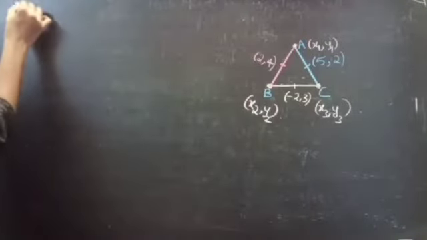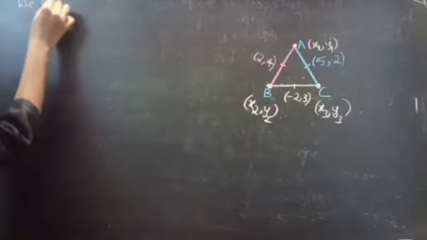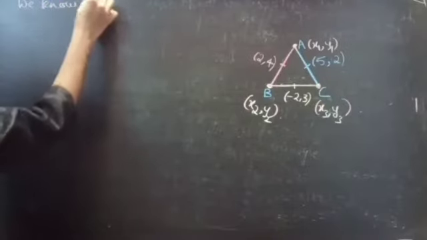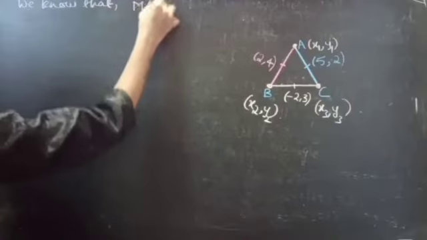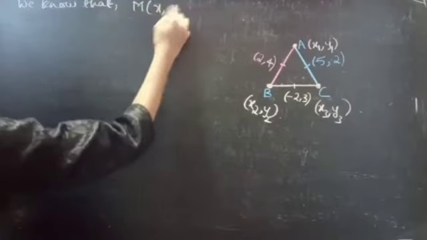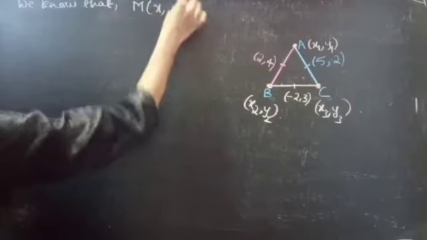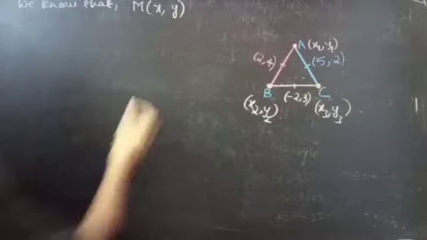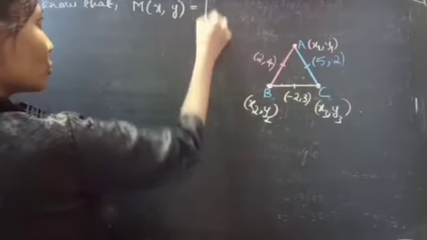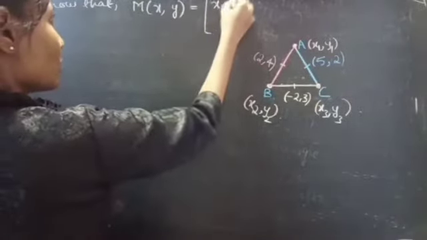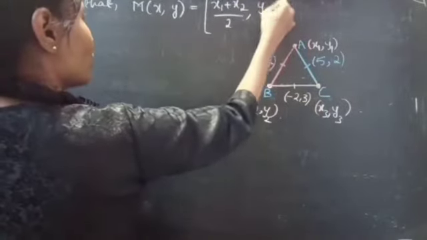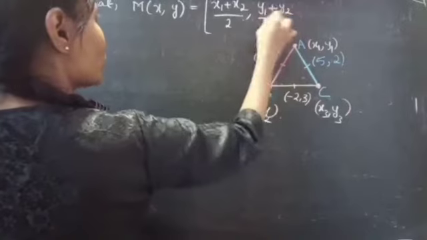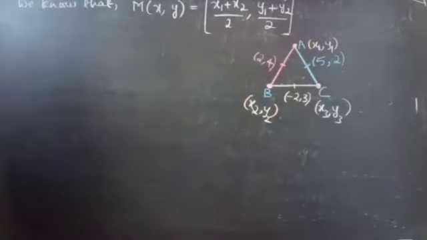We know that the midpoint M(x, y) is ((x1 + x2)/2, (y1 + y2)/2).